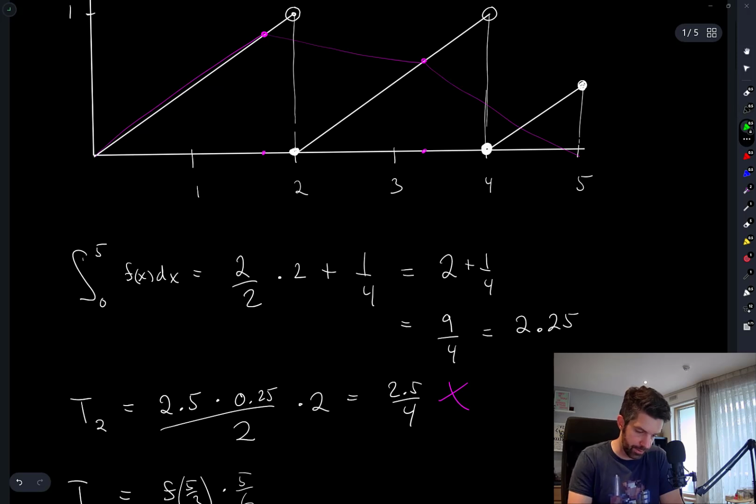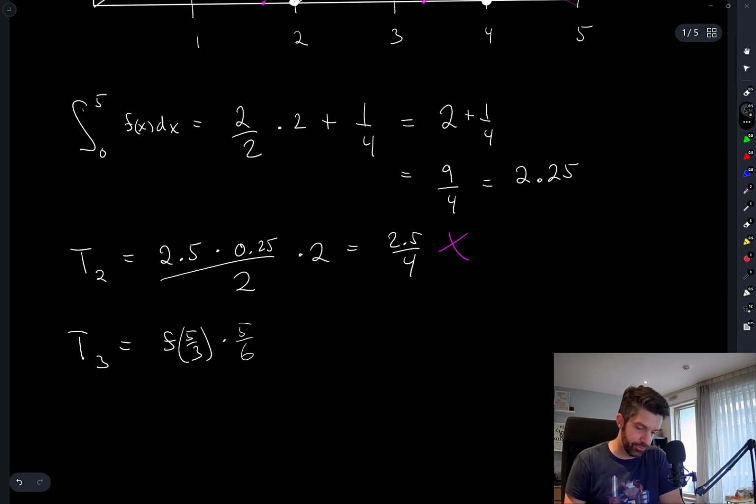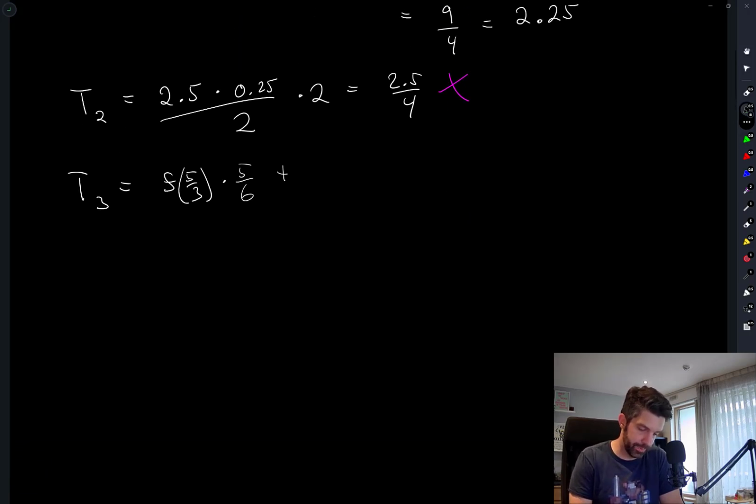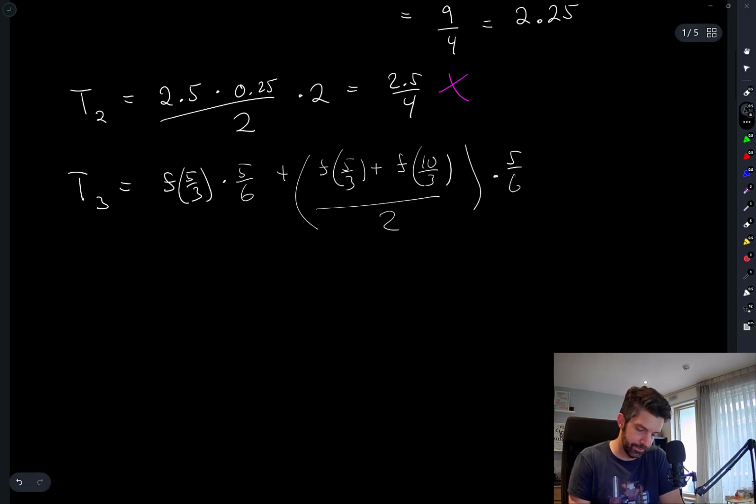That's the area of that first triangle to the left. Then we have to take an average of these two values, f of 5 over 3 plus f of 10 over 3, divided by 2, times 5 over 3, well, 5 over 6, really.